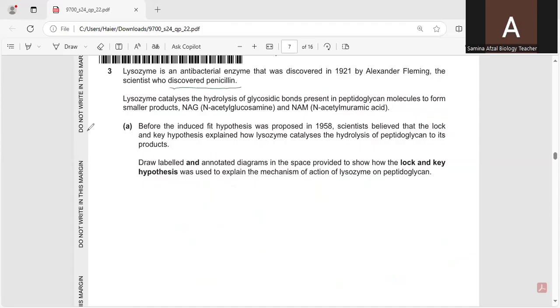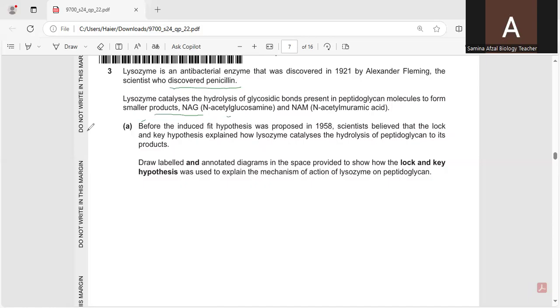Lysosome catalyzes the hydrolysis of glycosidic bonds present in peptidoglycan molecules to form smaller products NAG, N-acetyl glucosamine, and N-acetyl muramic acid.